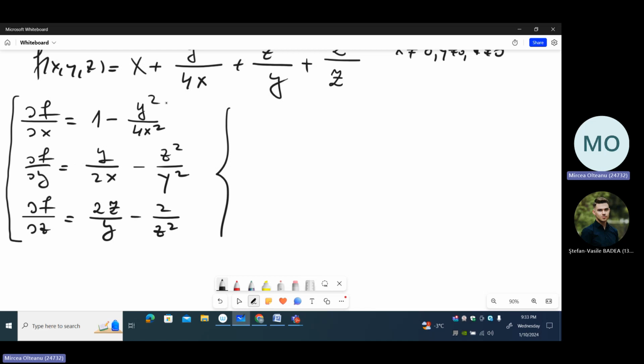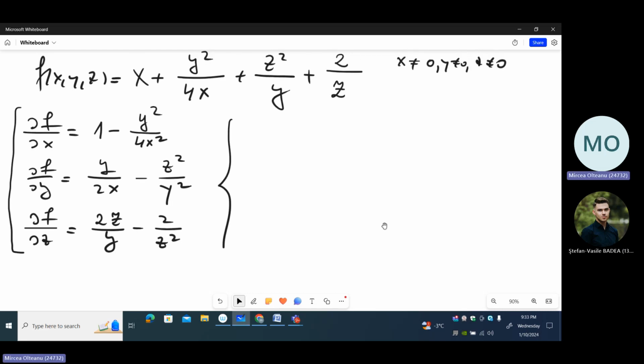So we obtain the same partial derivatives, yes? Okay, and now let's try to solve the system. From the first equation, we have that y squared equals 4x squared. It can be written like this, yes? From the second equation, we get that y to the 3 must equal 2x z squared.